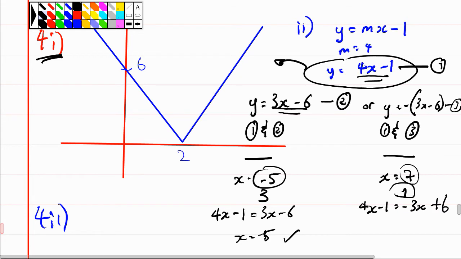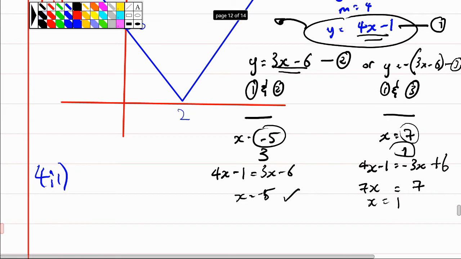Do you do that? Bring over 7x, bring over 7. x equals 1. Do you see your careless mistake? Can you circle your careless mistake? Then remind yourself, dear so and so, don't make this mistake again. I will definitely. So part 2A, this is the answer.